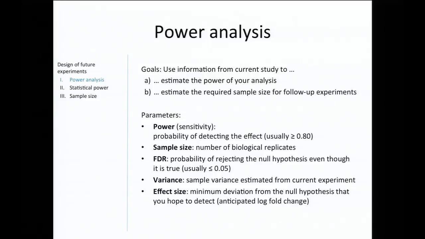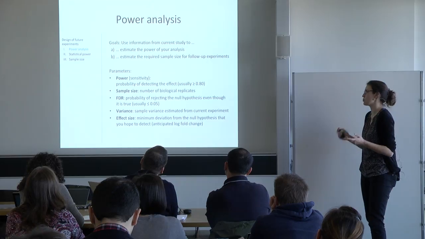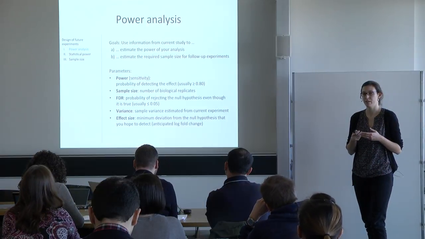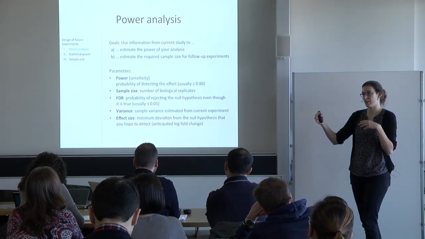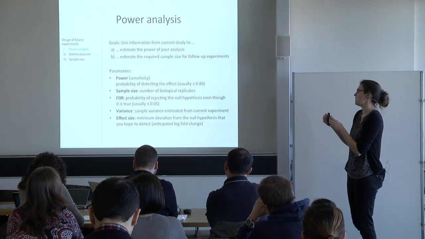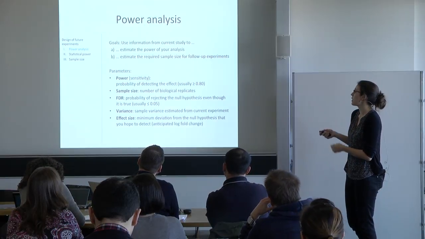So the parameters that you need for this power analysis are first of all the power or the sensitivity of your analysis, which would be the probability of detecting the effect. And a usual cutoff would be 80%. So this would mean that if you have all the cases that are a true effect, you would only see 80% of those.